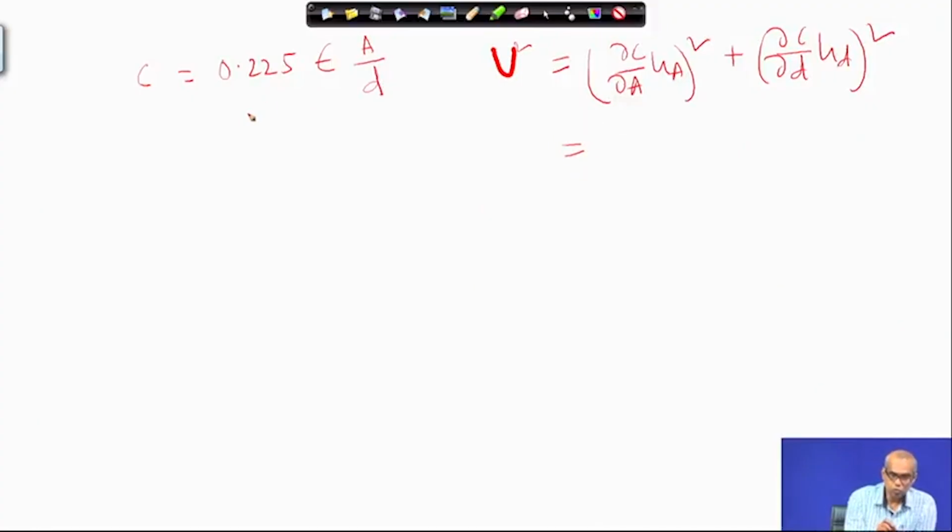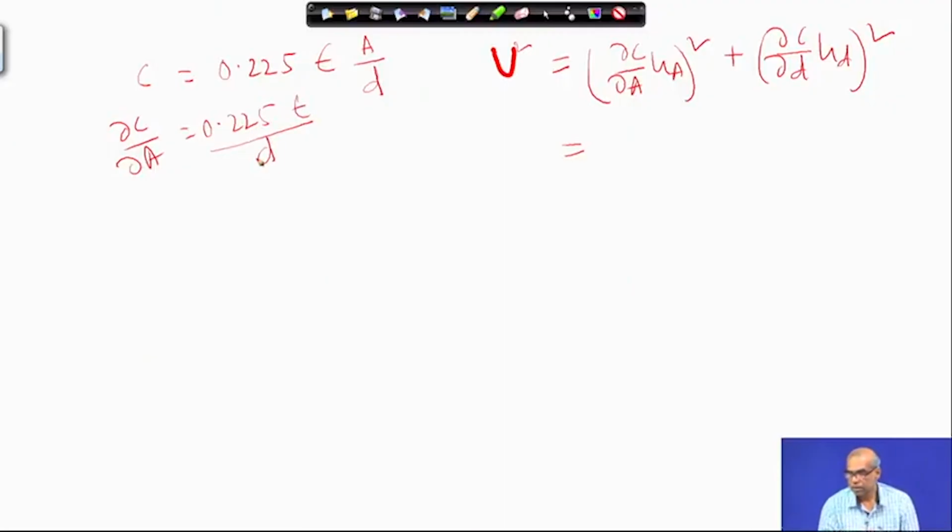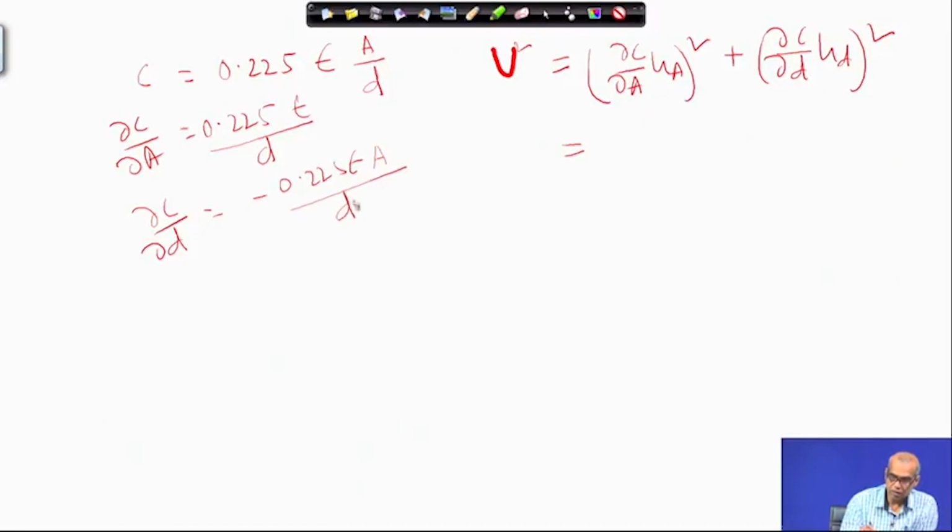It is 0.225 epsilon by D. Similarly, what is del C del D? Del C del D is nothing but minus 0.225 epsilon A by D square.